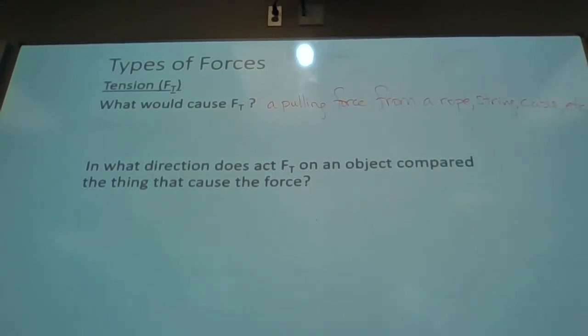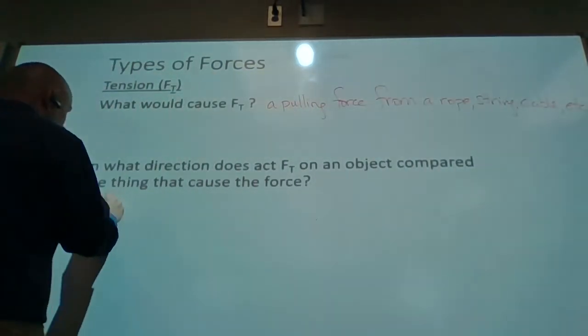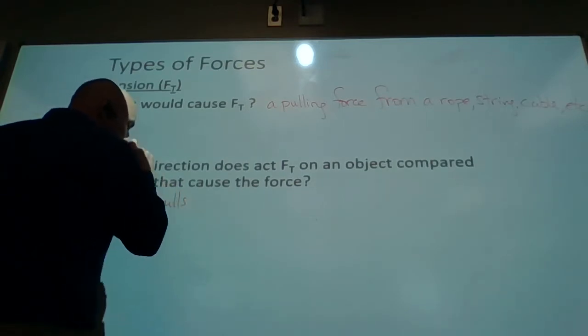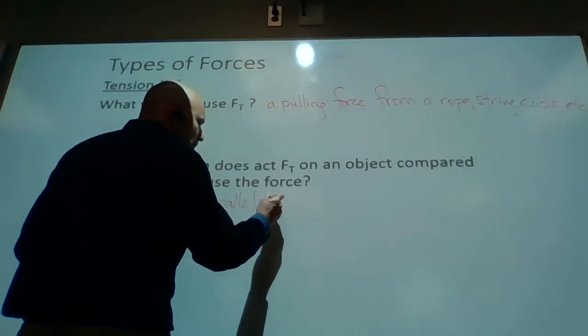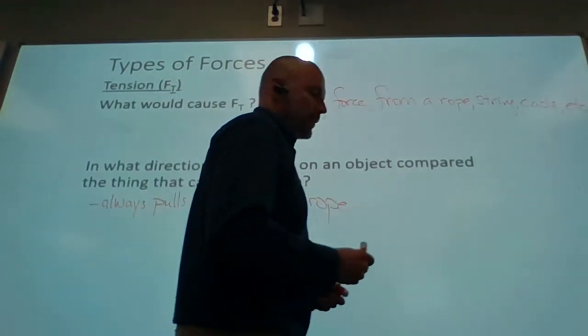Can't push with a rope. You can only pull. This is only a pulling force. The direction it's going is always pulling. So it always pulls parallel to the rope.